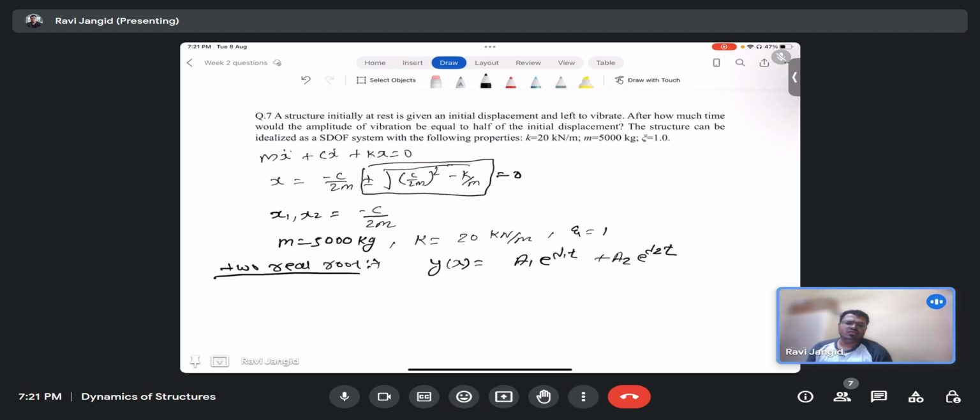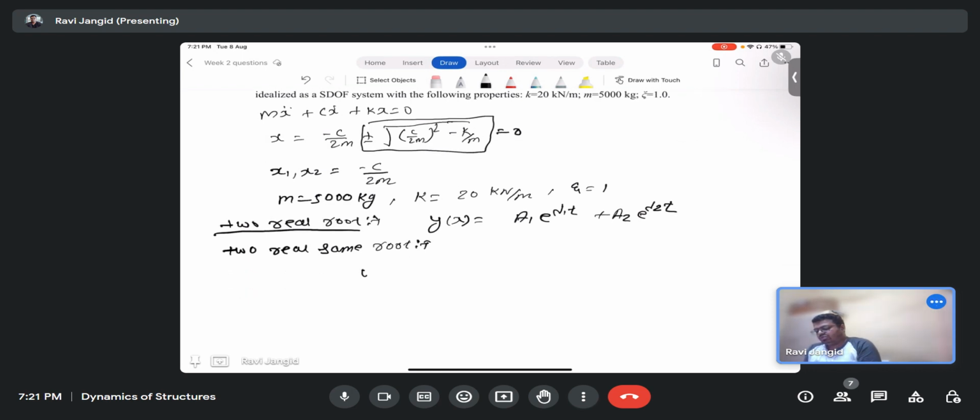Now if you have two same real roots, the equation would be u(t) equal to a1 plus a2 t, times e raised to power lambda t.